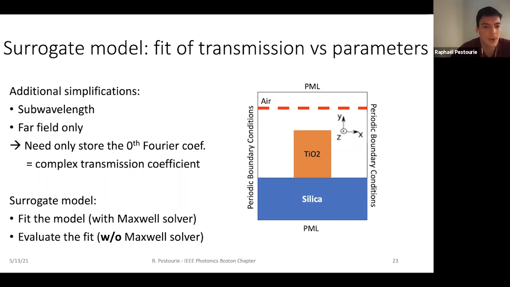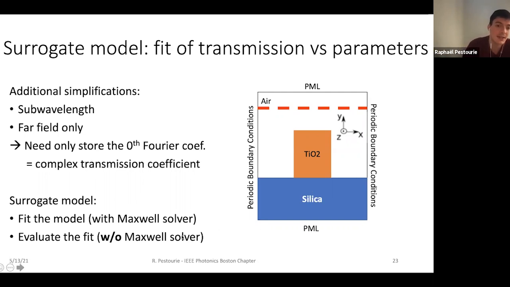So you need to fit the model first by evaluating Maxwell's equations for many different parameters, like many different widths of pillar in the case of this unit cell, for example.